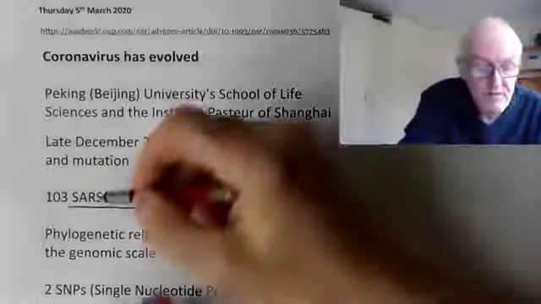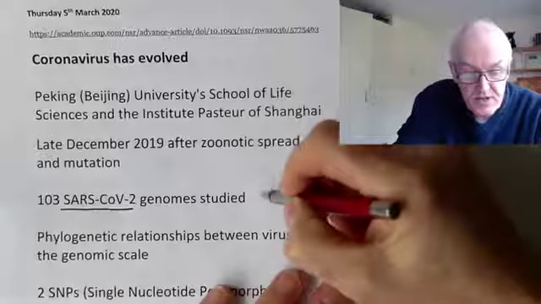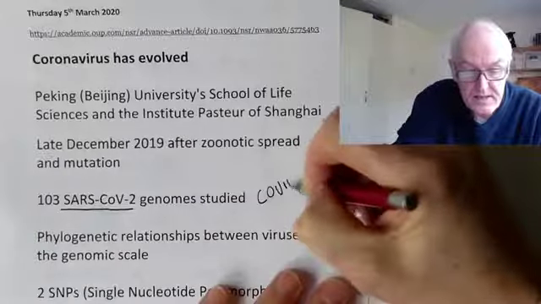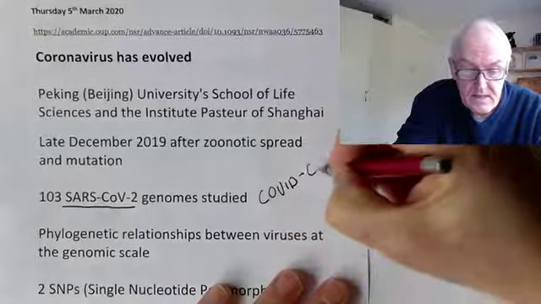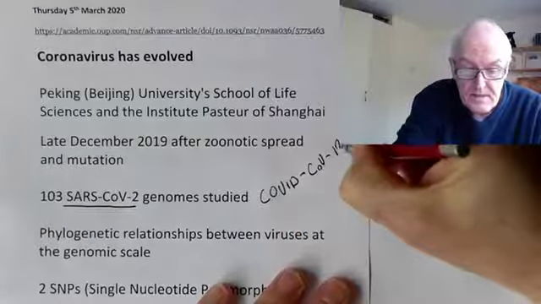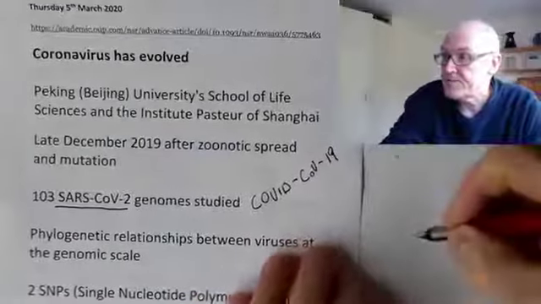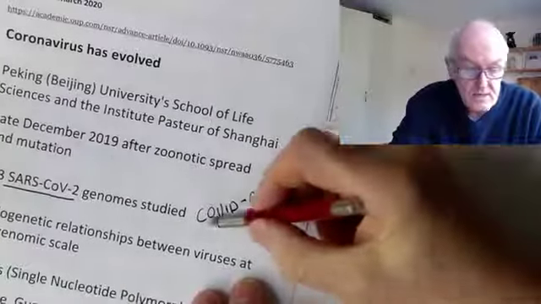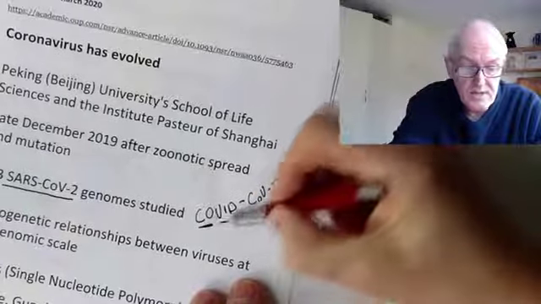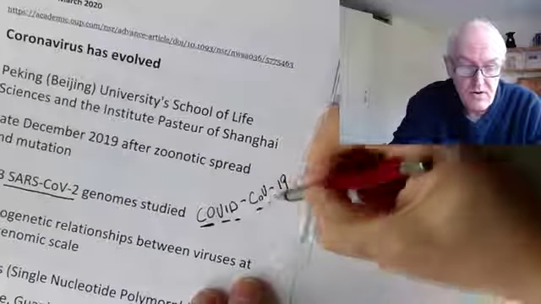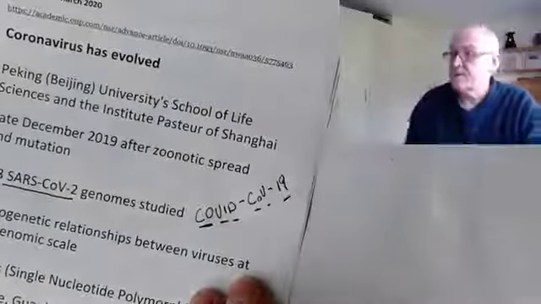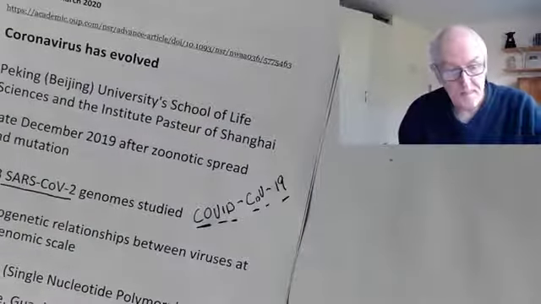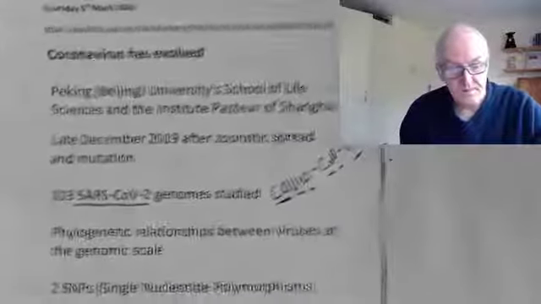So this is the name of the virus, and the virus causes COVID-19. That's the name of the disease. So COVID-19, coronavirus disease caused by the coronavirus, first discovered in 2019. So that's what they were studying.